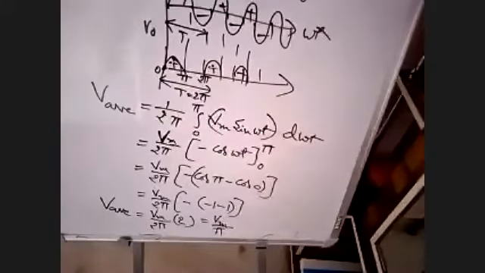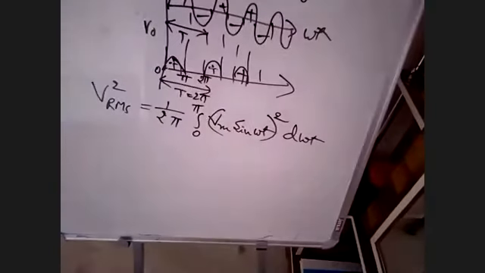Okay. Next, we'll go for RMS voltage. What is the formula for RMS? We'll take squares on both sides. Formula will be the same. On the left side, I am taking square.